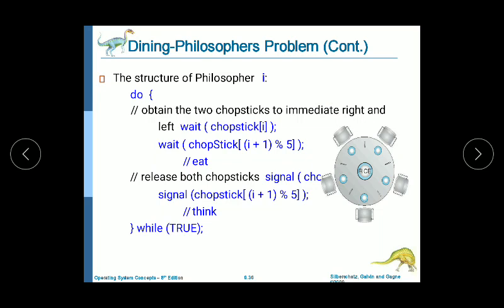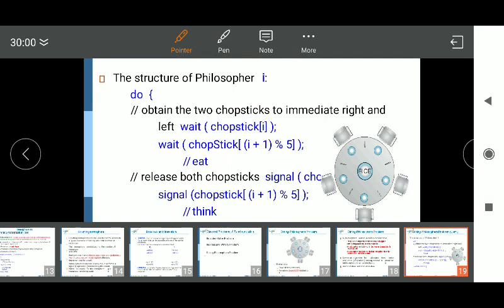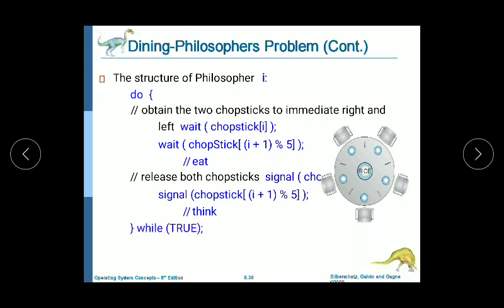So first call the wait function. Wait means she has to grab the chopstick, waiting for the resource, waiting for one chopstick and another chopstick, on the left side or right side. Then eat. After calling these two functions, the philosopher can grab the chopsticks and eat.